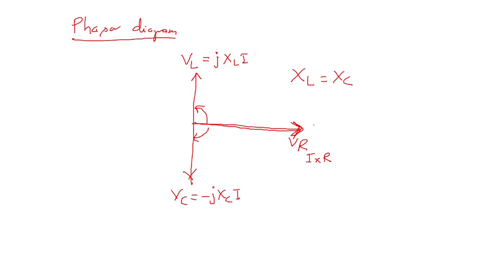So here you can show the current which is flowing, and on this line only you can show the voltage also. So voltage and current will be in phase, and that is the condition where series resonance is happening. The current is neither leading nor lagging.